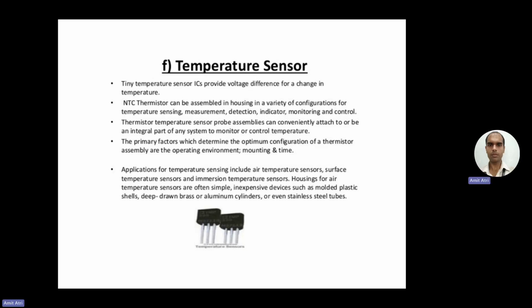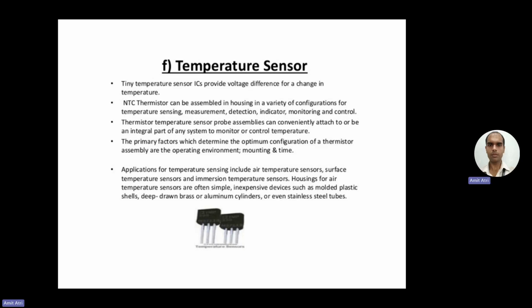Thermistor temperature sensor probe assemblies can conveniently attach to or be an integral part of any system to monitor or control temperature. The primary factors which determine the optimum configuration of a thermistor assembly are the operating environment, mounting, and time.